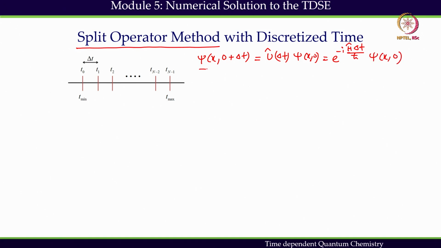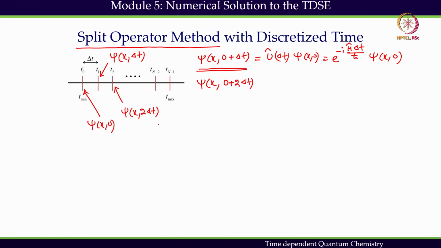And once I know this function, then I can find out psi x, 0 plus 2 delta t. At this point I have the initial wave function. Then at this point I have the wave function at delta t. At this point now I have 2 delta t, and in this way I am just propagating the wave function.